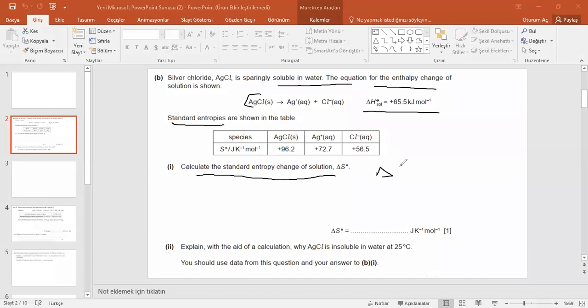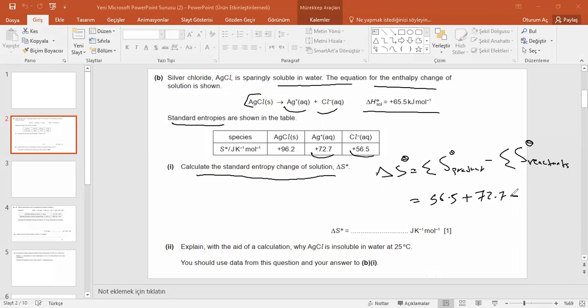Guys, to calculate delta S, we say that delta S equals the summation of the entropy of the products minus the summation of the entropy of the reactants. Products minus reactants. So in the products, we have two ions. We have Cl minus, which is 56.5, plus Ag plus as well, 72.7, minus the reactant.